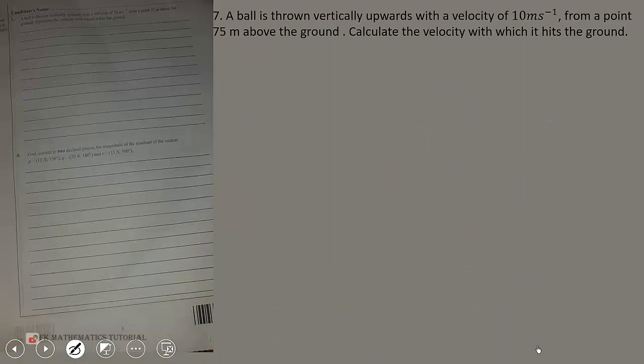A ball is thrown vertically upwards with a velocity of 10 meters per second from a point 75 meters above the ground. From this question, we have to calculate the velocity with which it hits the ground, which is the final velocity. We don't know it, but we're given the initial velocity u equal to 10 meters per second.